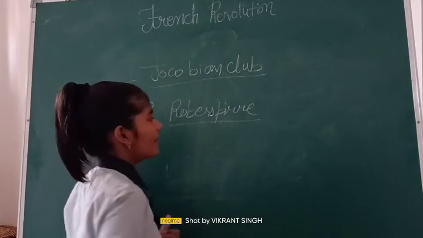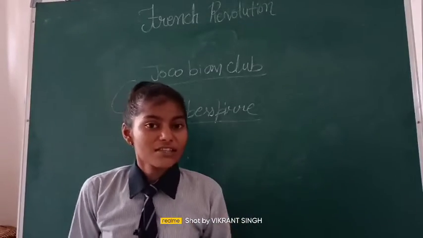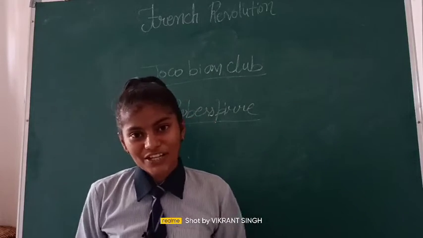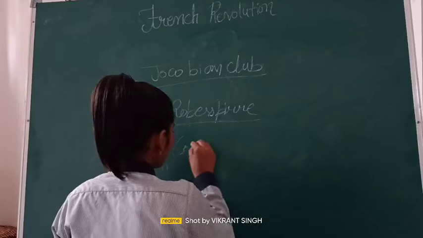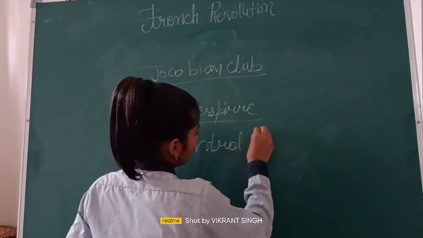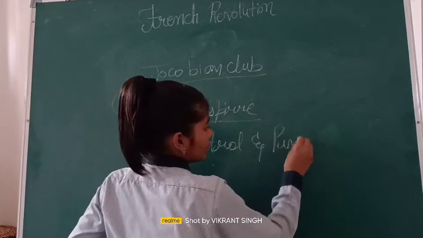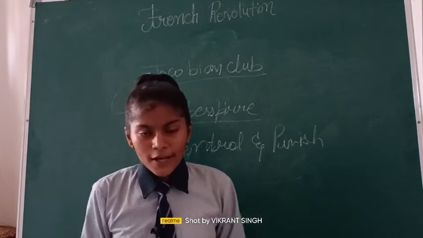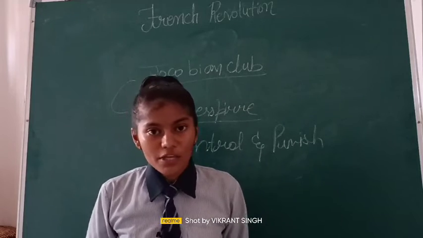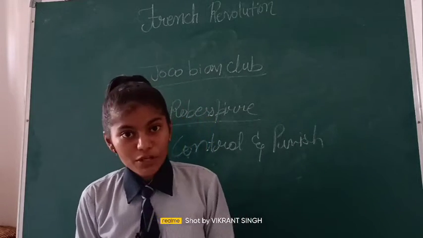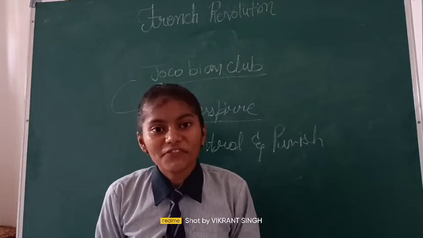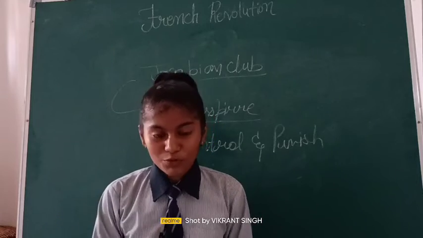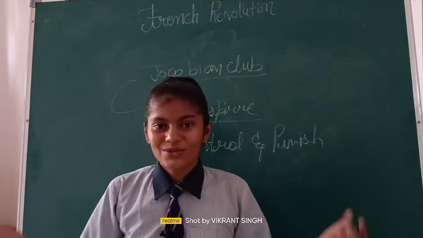Now this personality is actually very famous because he attempted to take control and punish. He had the ideology of control and punish. All those people whom Robespierre thought would be the enemy of democracy, the enemy of the Jacobin Club, of equality, of expressing ideas, he just put them in prison or sentenced them to death.